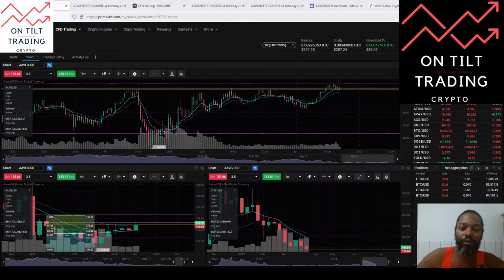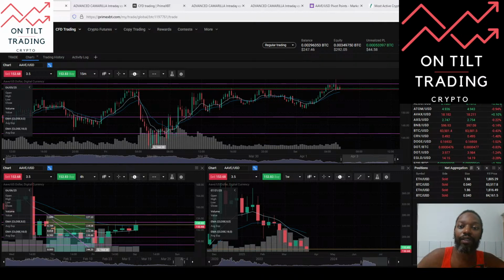So here on the weekly, we have a crossover where now the 9 EMA is trading under the 18 EMA. We have the same thing here on the 4-hour where the 18 is trading above and the 9 EMA is trading below.